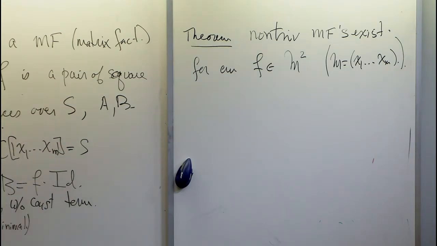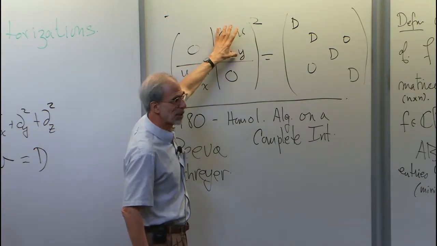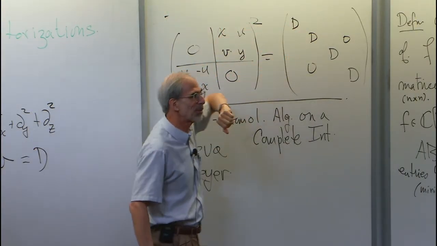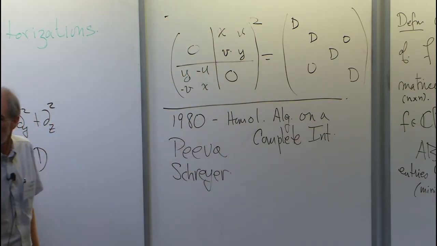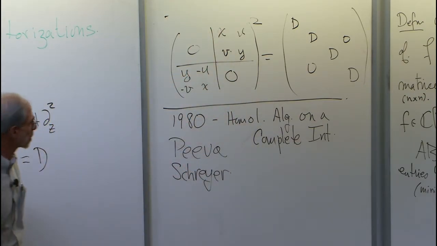Any singular power series. So we've seen one already. If you take the determinant of this, then we have a matrix factorization. Determinant times the identity. This is the one we all learned practically in high school. Determinant times the identity is the matrix times its adjoint. Right? So that's an example, and one from which many other examples can be built.